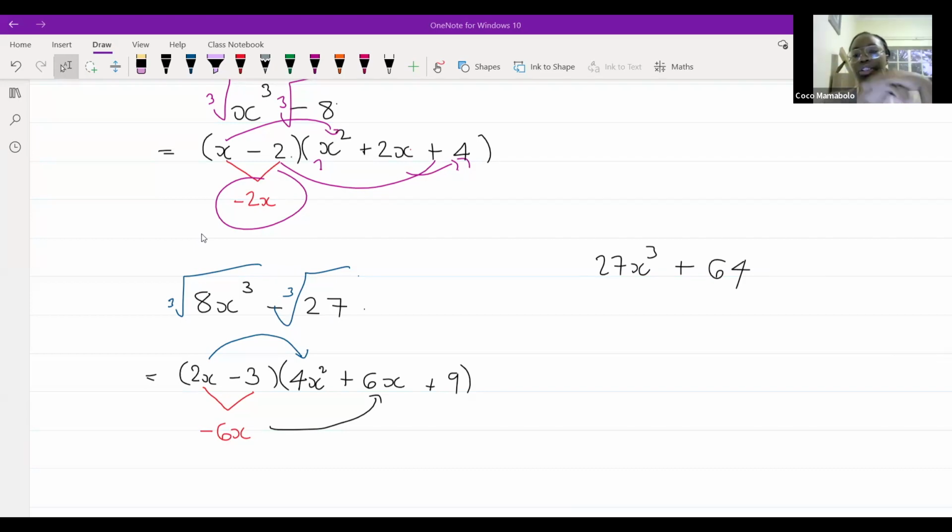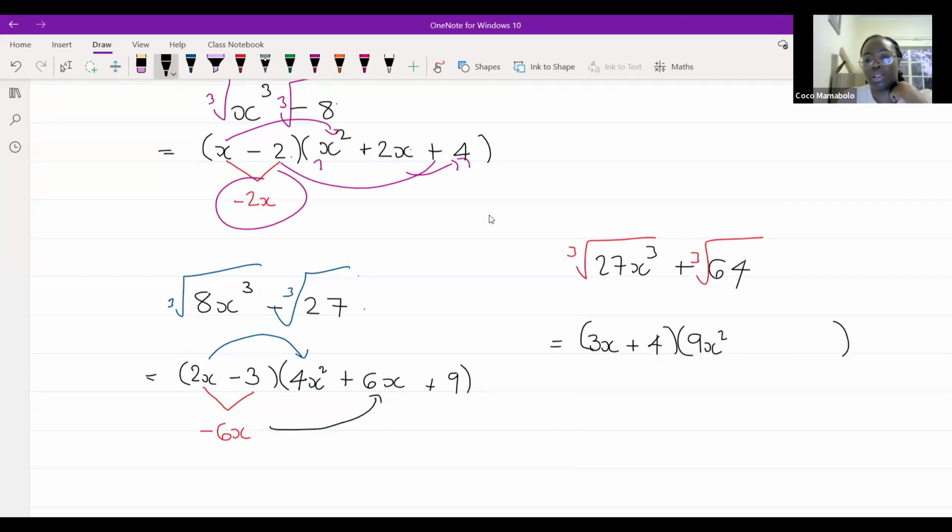All right, peeps, let's get into this question. Okay. So I'm going to open up a binomial and a trinomial. And then I'm going to cube root and cube root, right? So over here, I'm going to get 3x plus 4. And then in the front part, I know that 3x all squared will give me 9x squared.